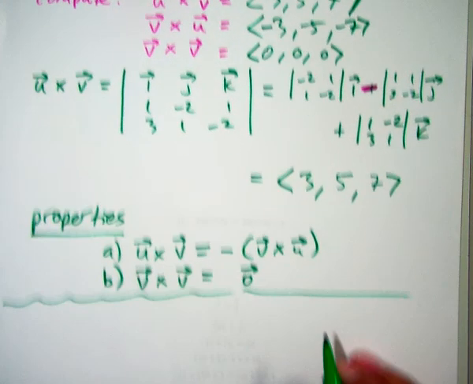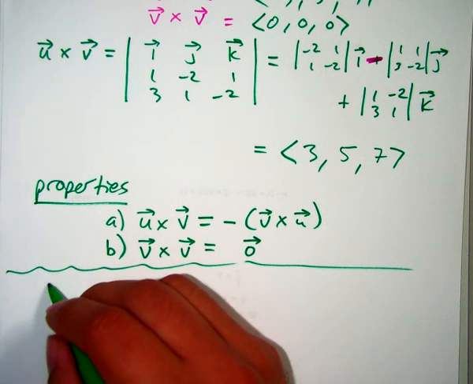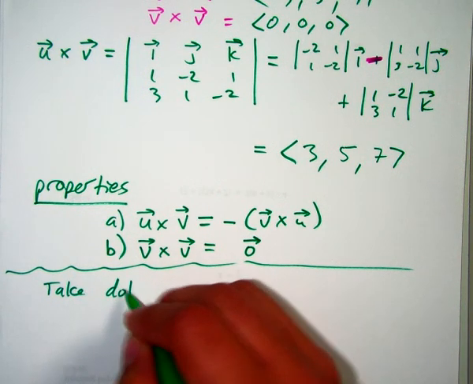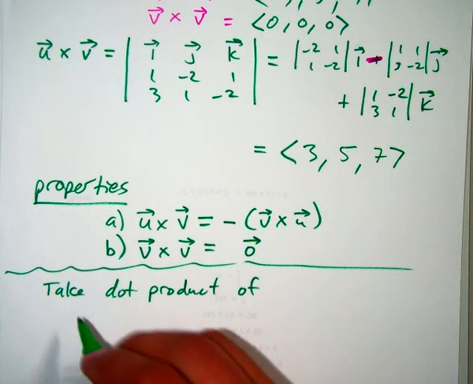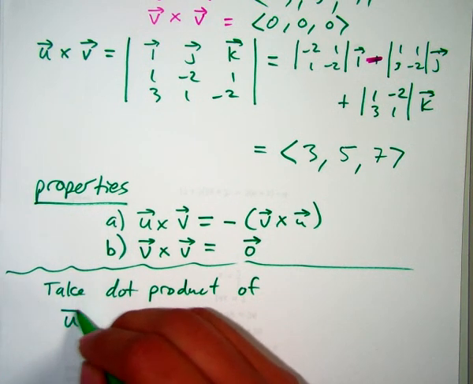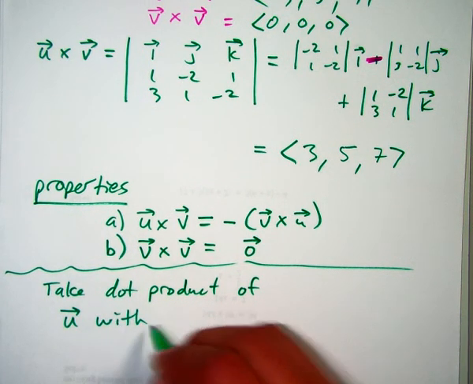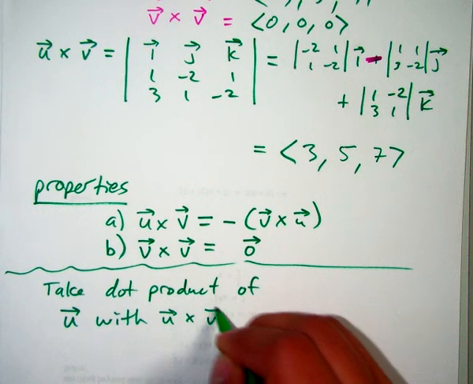Now, if we take the dot product, real quick, of, let's say, U with U cross V. So let's just use the example we calculated here. So our U is 1, -2, 1.